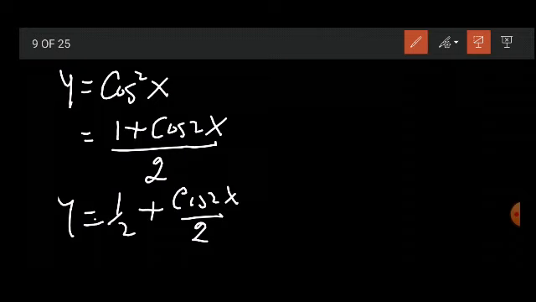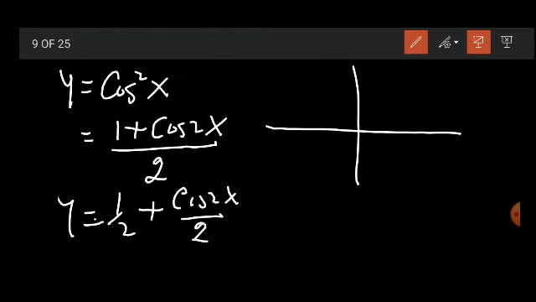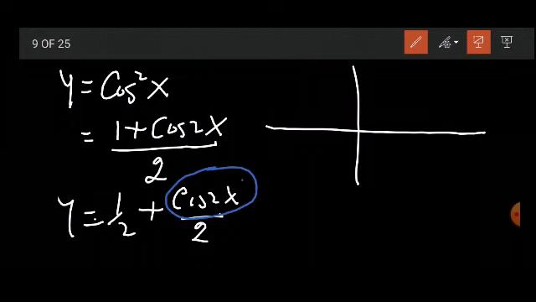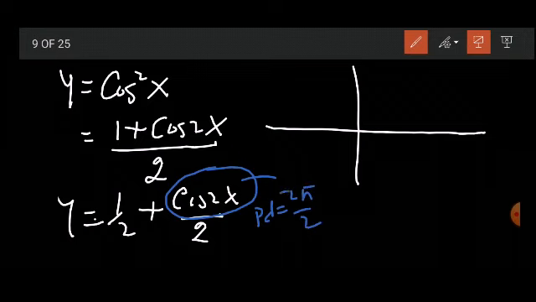So how will we draw the graph of cos 2x by 2? Cos x has period 2 pi, and cos 2x has period 2 pi upon 2. You have to divide by the coefficient of x, that is 2, and so the period is pi.